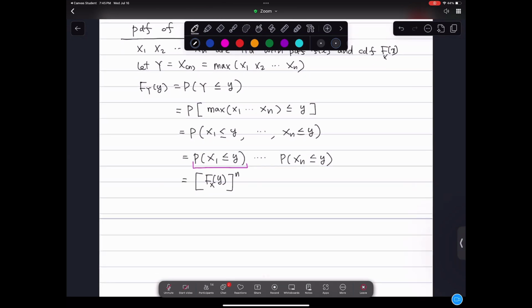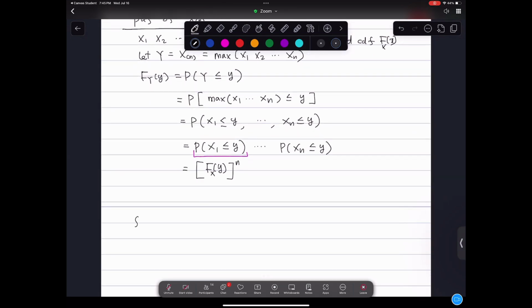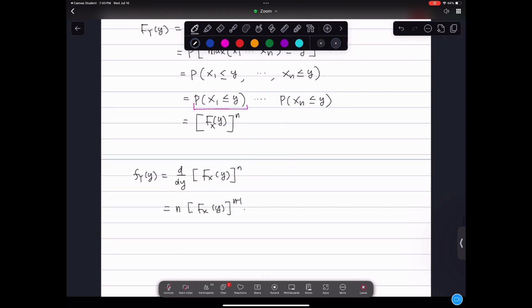So now I'm ready to get my PDF, which is the derivative of this CDF of Y. So that should be n times F of X to the power of n minus 1, and the derivative of the CDF of X, which is the PDF of X. So that should be your order statistic for the maximum.